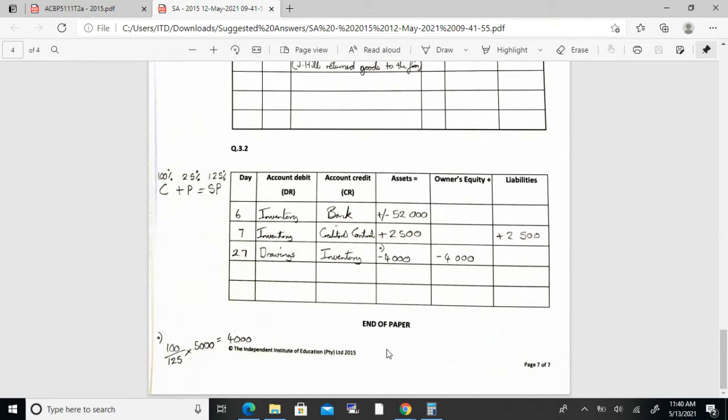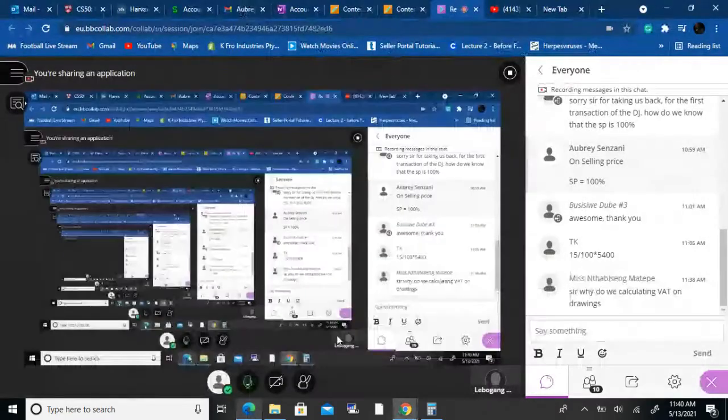And the only way to reverse it is by claiming output VAT. So that is why we want to calculate the VAT inclusive amount on drawings and not just the cost exclusive of VAT. I hope that answers your question.